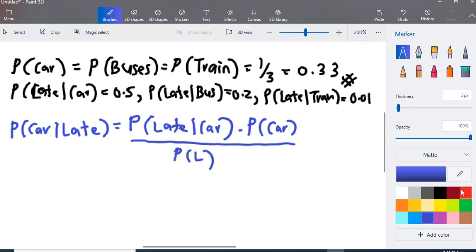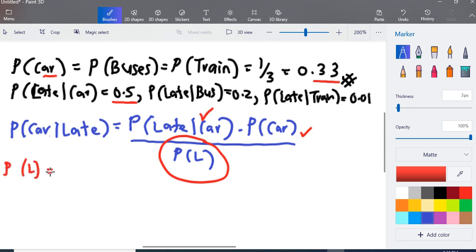Okay, so look at the information here. You have the information P(late given car), and we have the information of P(car). The only information that you don't have is this one, P(late). So how do we find P(late)? Remember the total probability rule.